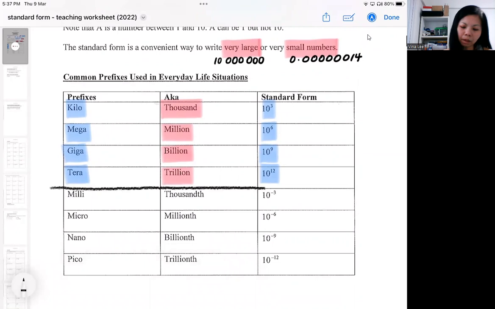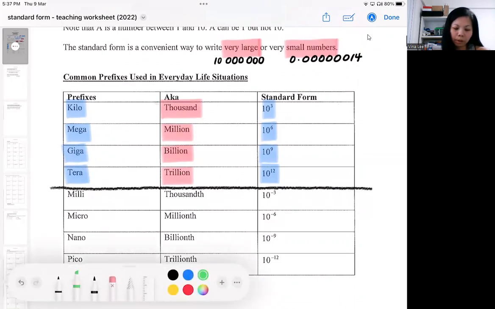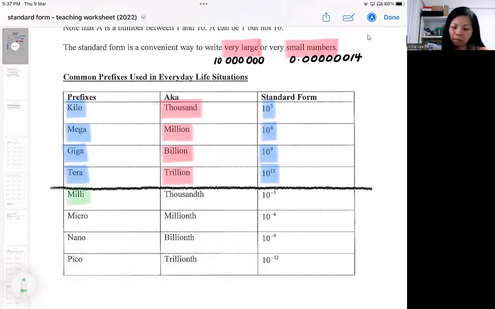For the smaller numbers, the prefix will be negative. So it will be milli, 10 to the power minus 3. Micro, 10 to the power minus 6. Nano, 10 to the power minus 9. Pico, 10 to the power minus 12.